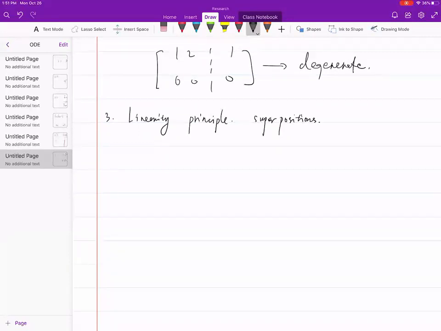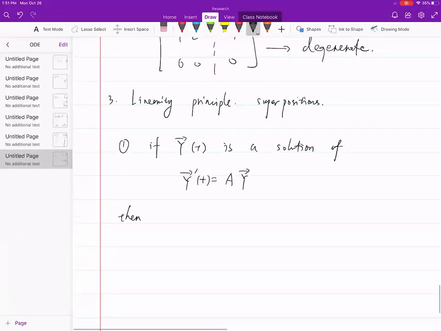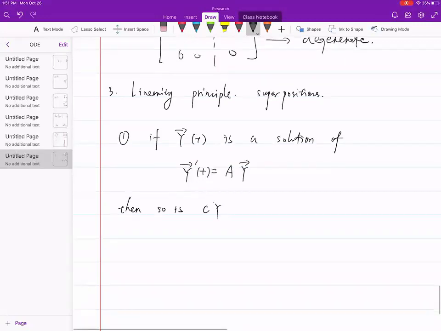One, if y(t) is a solution of this, then so is c times y.